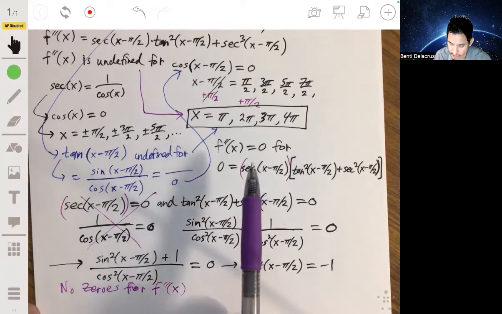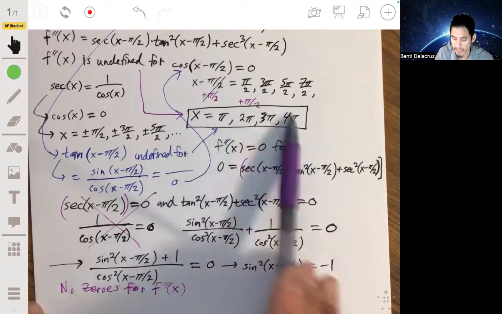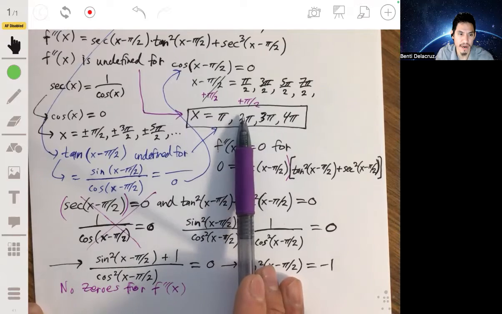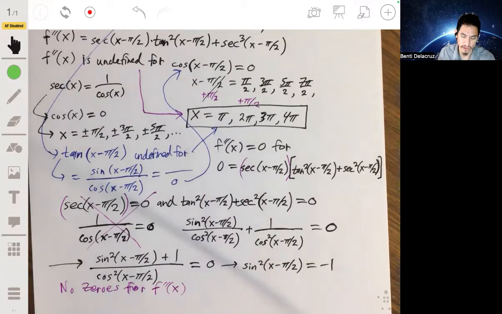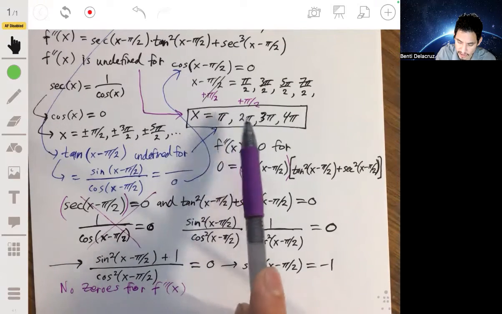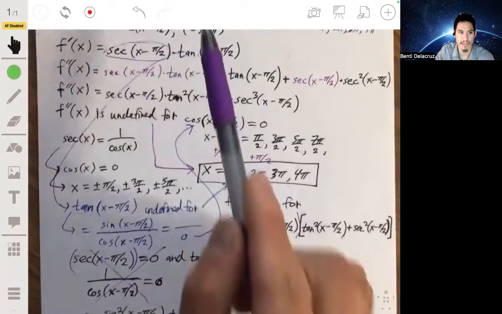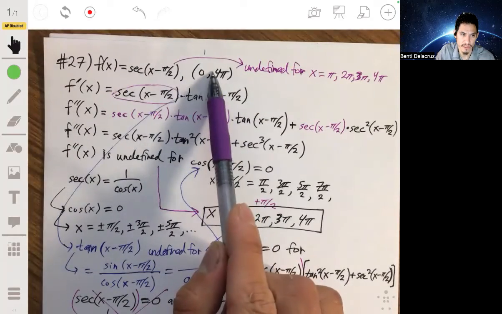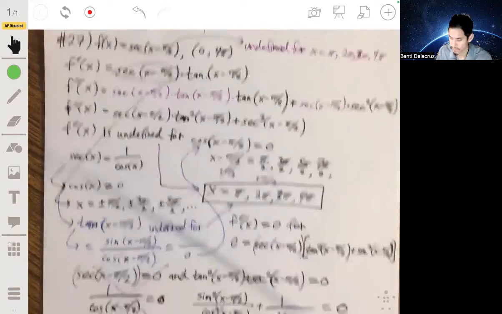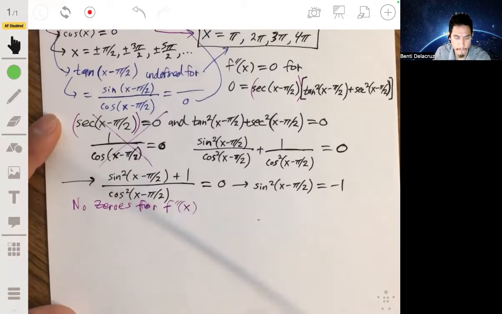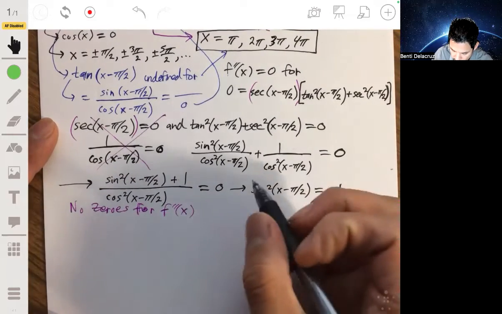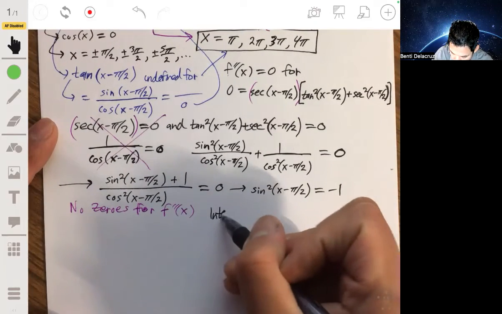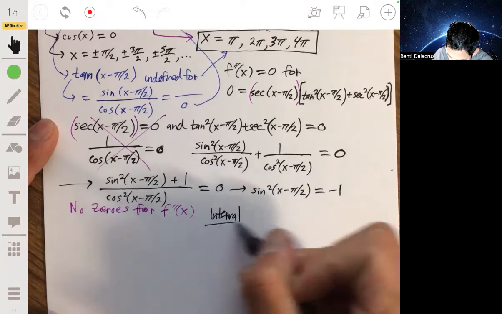So we found no zeros for the second derivative, but we found undefined values. So we're going to now test intervals broken up at pi, 2 pi, 3 pi, and 4 pi. We're going to break this interval 0 to 4 pi at these points. I usually like to make a table where my interval is in the top row.